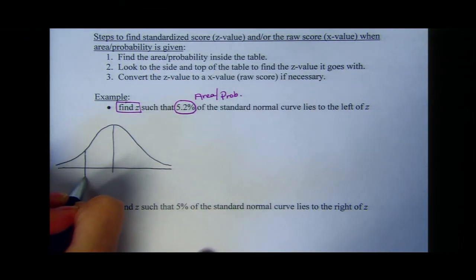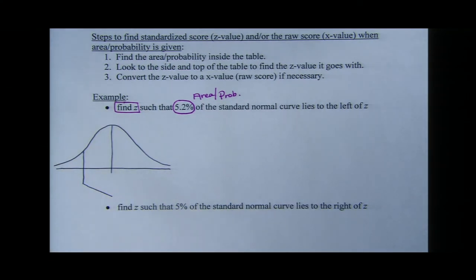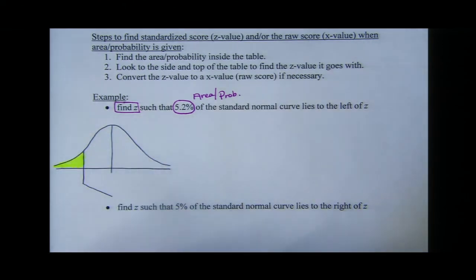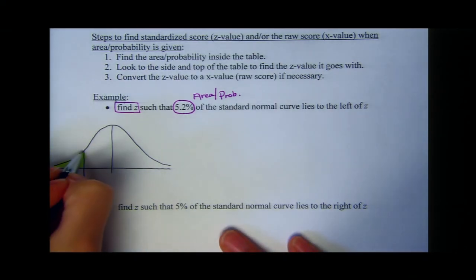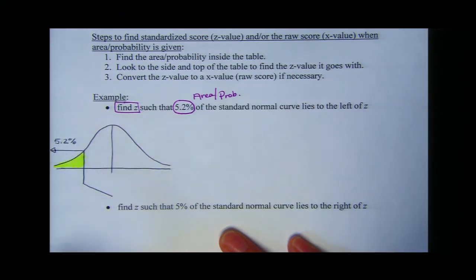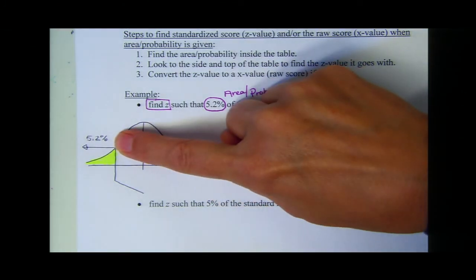So I know that forces my z value to be a negative number. So this is approximately what I have done: I have shaded in 5.2%. So this is my area.